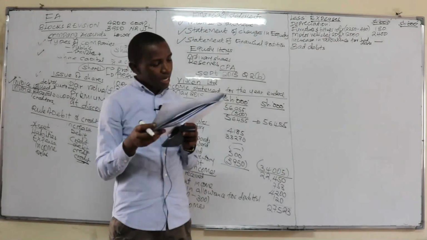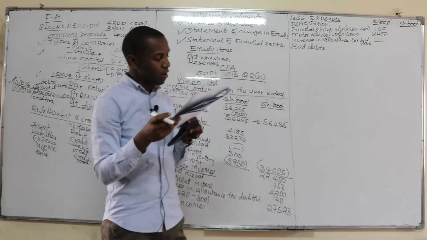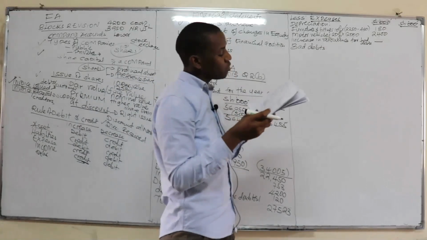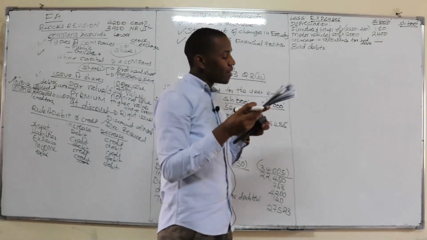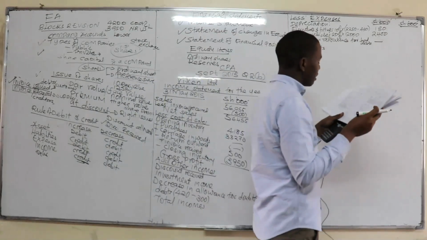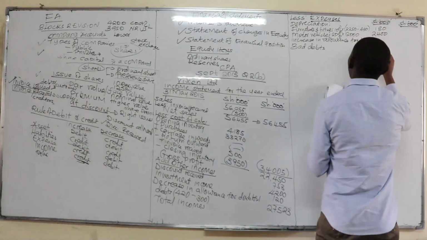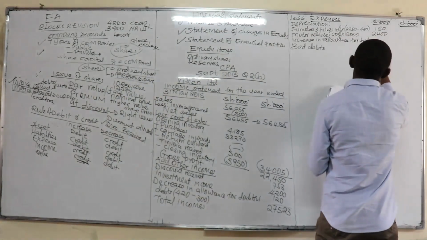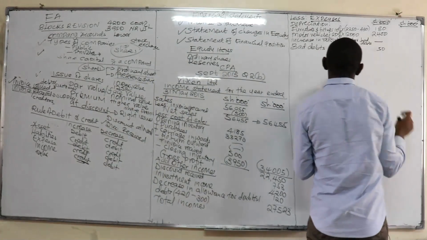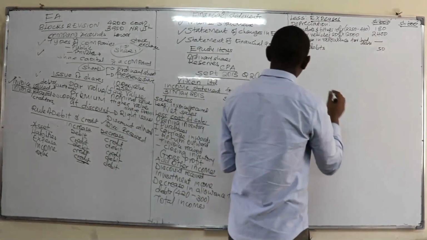And in this case, it was of how much? It was 50,000. So you also have to check on the trial balance whether there was any bad debt written off. However, in our case, it was not there. So for the bad debt, it will be 50,000.